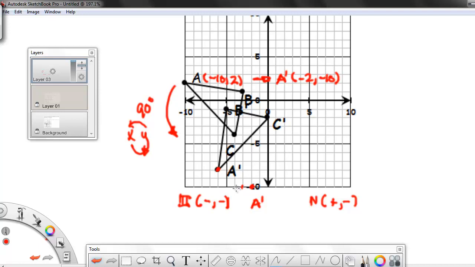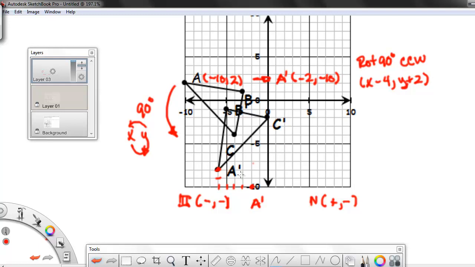I count left 1, 2, 3, 4, and then up 1, 2. The rule for this one then is, looks like a rotation of 90 degrees. It's counterclockwise, and then I have a translation of X minus 4 and Y plus 2.